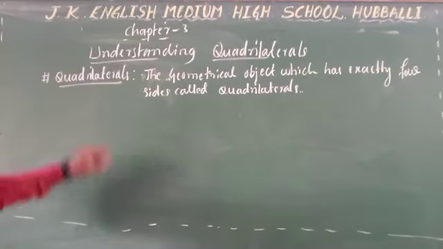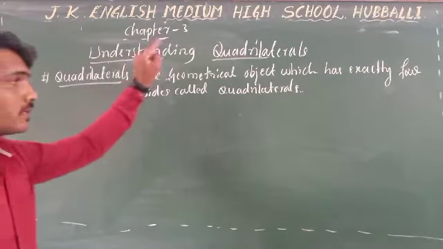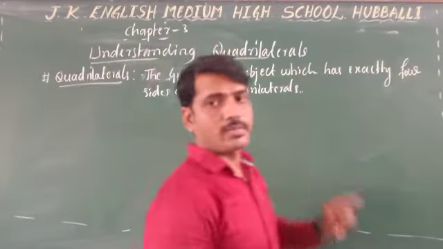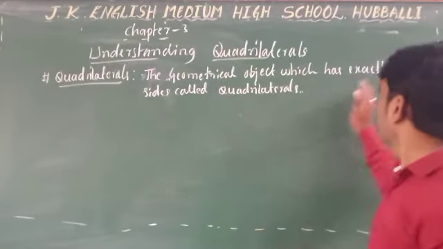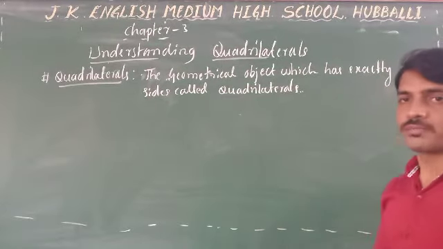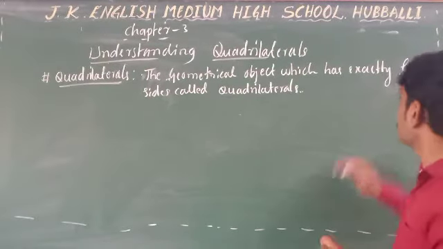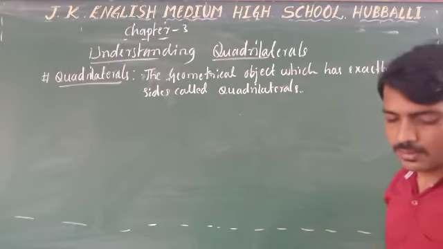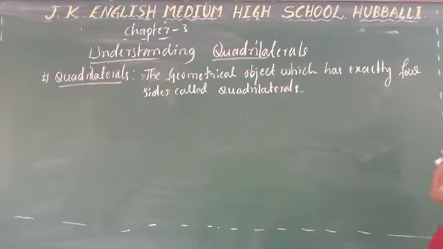Correct, children? We are having many geometrical objects. Out of them, which geometrical object has exactly four sides? That geometrical object is called quadrilateral.